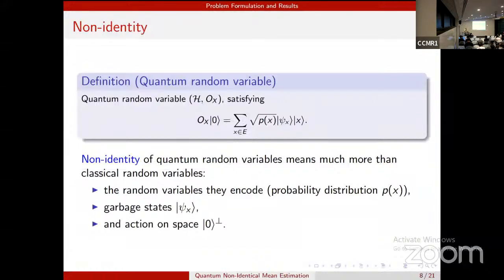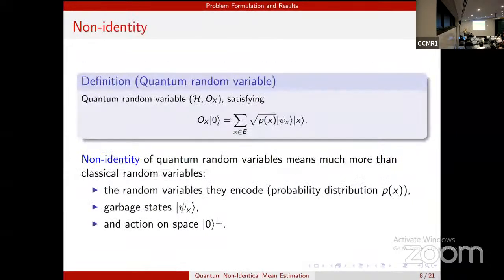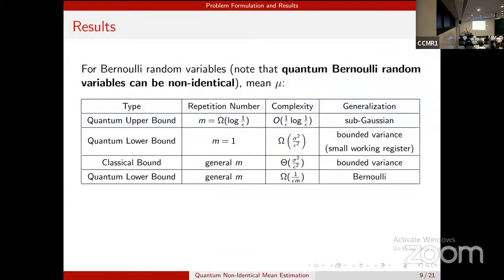So this is the non-identity of the quantum random variables. And later we will see how we can overcome this non-identity to design some efficient quantum algorithms, and how we utilize this non-identity to prove one lower bound. And now let's look through the results first. In this table, I only listed the results for the Bernoulli random case, but some of the results can be generalized to a more general case.